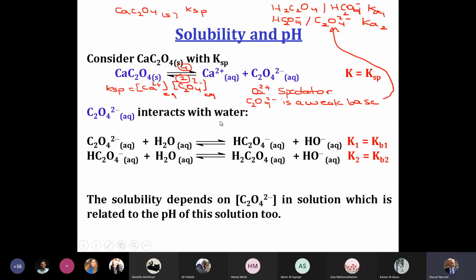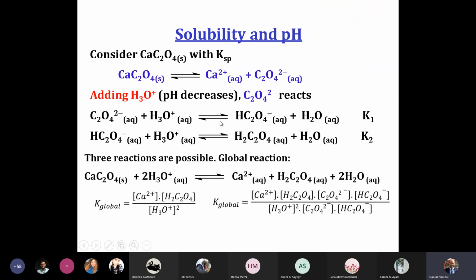I will pass directly to an example. Consider CaC2O4 with KSP given. What would happen when you add H+? Pay attention to the sequence of the solution.